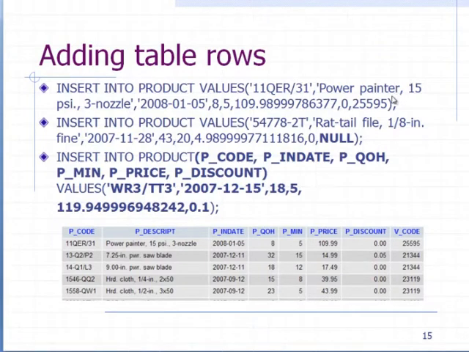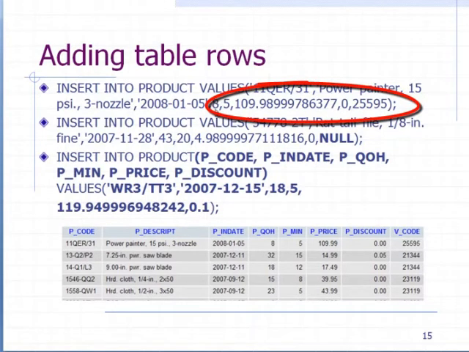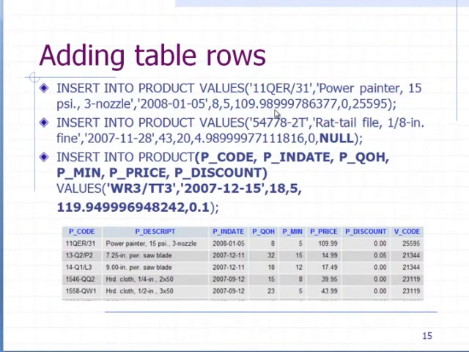So anyway, the character or string value should be enclosed by single quotation marks. However, if it is a numeric value, like for example here, 8, 5, or even the decimal value 109.989997, it does not have to be enclosed by single quotation marks. So this is the first insert statement.